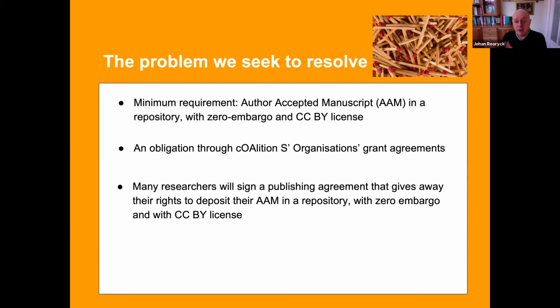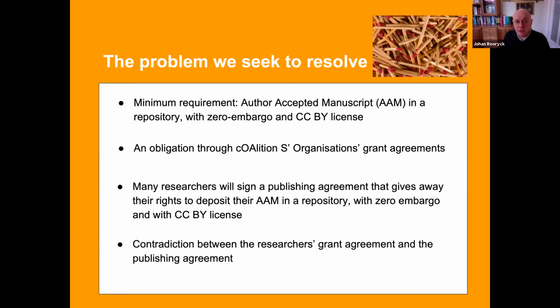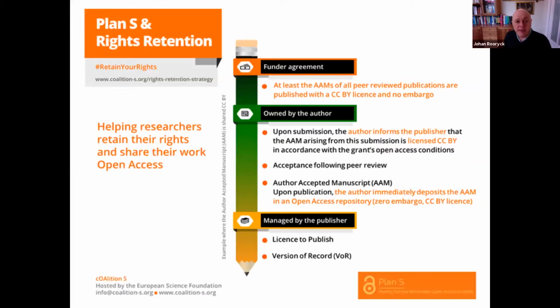And on the other hand, the copyright agreement that they sign later on with the publishers that requires them to transfer some of these rights, that gives away their rights. And this contradiction is something that we try to solve with the rights retention strategy, and we'll tell you how in a minute. So basically, this is an infographic that we developed to show how things work.